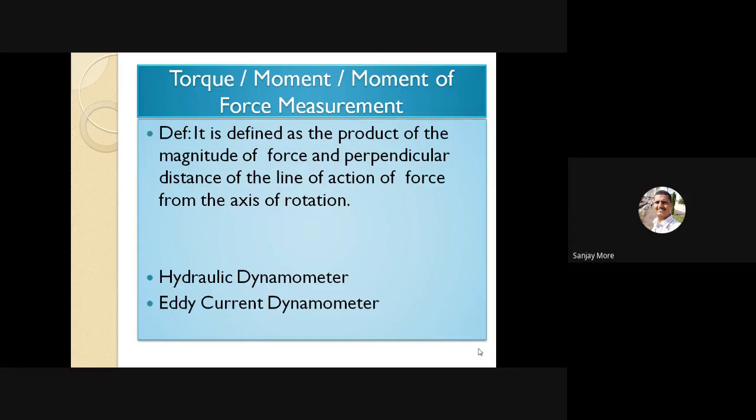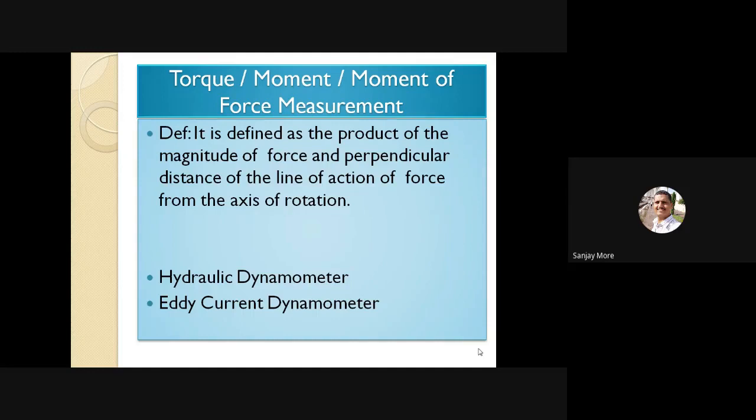This is the definition of torque. In that our syllabus has only 2 points: hydraulic dynamometer and eddy current dynamometer. These are the instruments for measurement of torque. Torque is related to the measurement of speed, meaning revolution per minute.